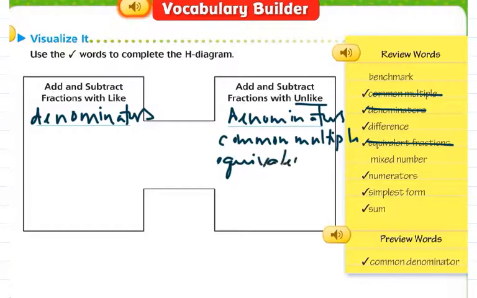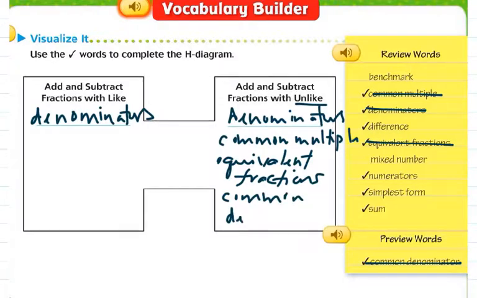And equivalent fractions will allow us to add or subtract the fractions that used to have unlike denominators to have the same denominators. Also, when we take the common multiple, we get our common denominator. And our common denominator means that we rewrite the denominators so that they are both the same.